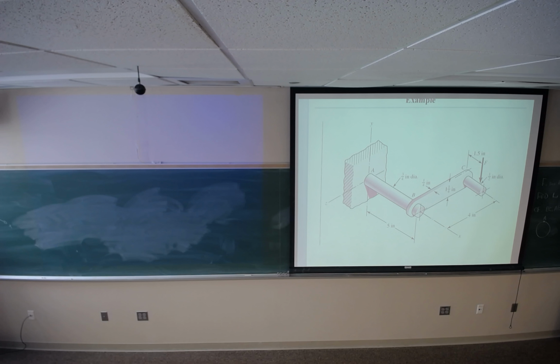It's gonna be negative because first, it's making a clockwise rotation. Second, if you put your fingers in the direction of the force, your thumb is gonna show the direction of the moment, which is the negative Z direction. So MZ would be 300 times 1.5, which is 450 pounds inch.